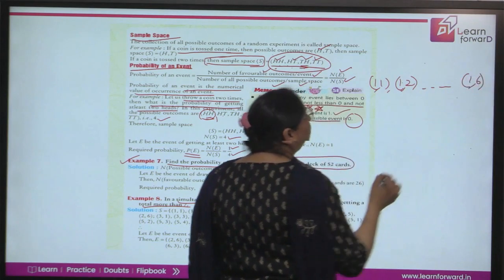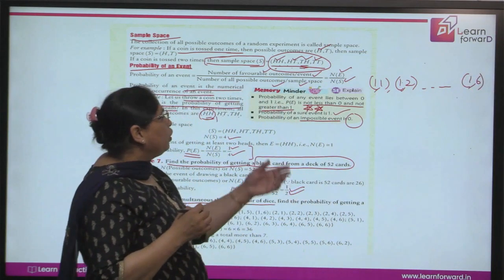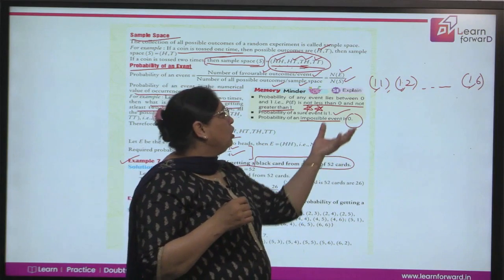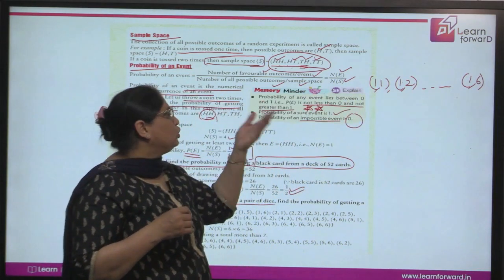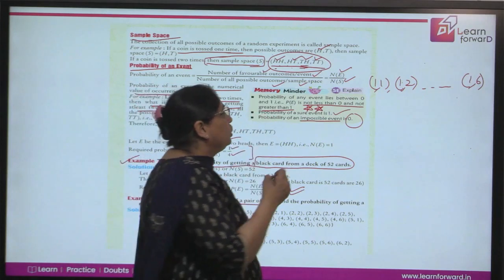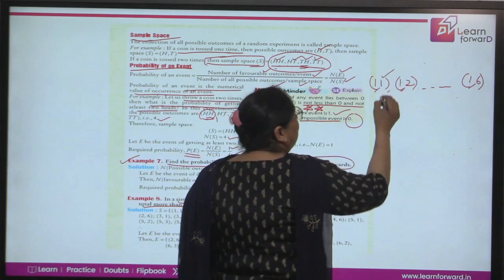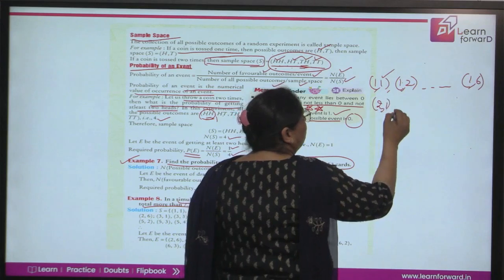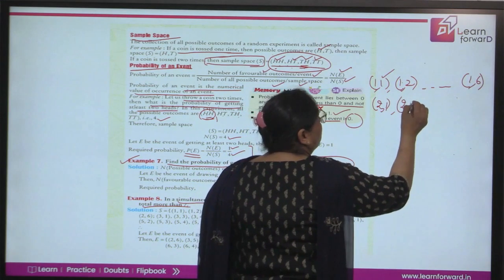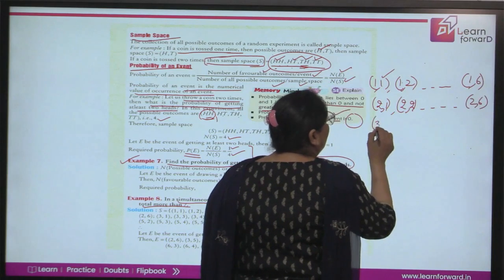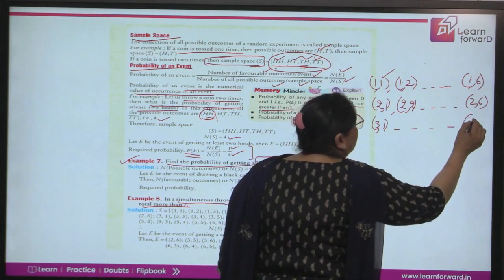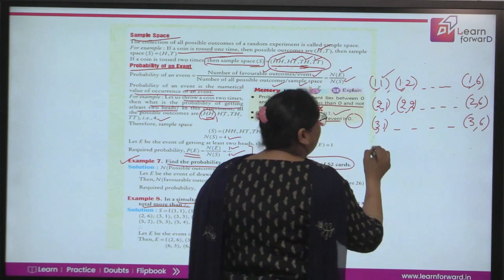I am making it this way because on the first throw the die shows number 1 and on the second throw number 1 also comes, and this way 2 1, 2 2 till 2 6, 3 1 till 3 6. This is the sample space I am telling you.